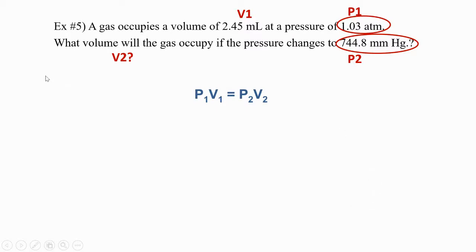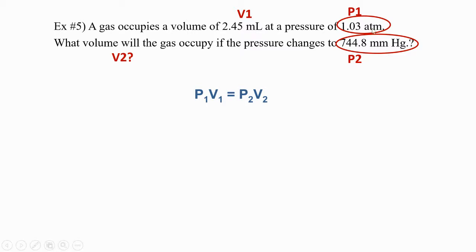Again, we're going to go through and label our volumes and pressures. 2.45 ml is the volume 1. Pressure is 1.03 atmospheres. I change the pressure to this. What will the new volume be? Our equation is still the same one, P1V1 equals P2V2.